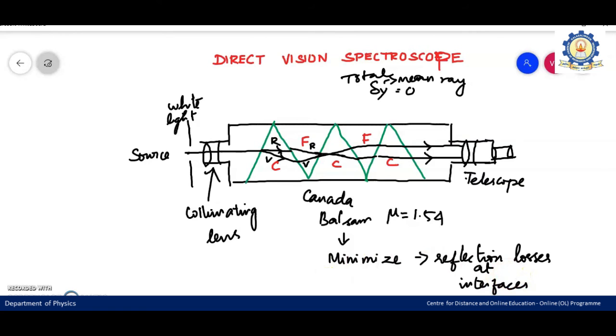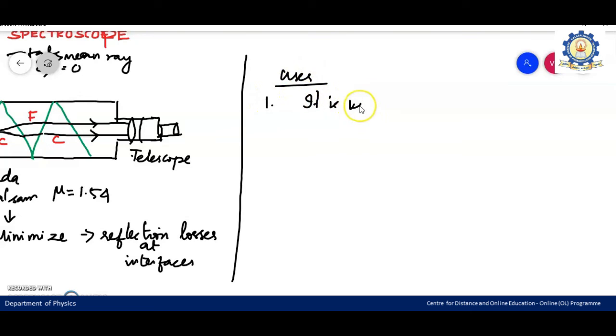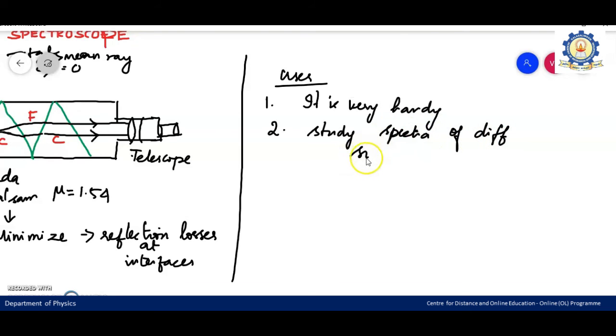Okay, let's see what are the uses of this direct vision spectroscope. It is very handy and can be carried away easily. The next use is that we can study the spectra of different sources of light, whether it is a sodium vapor lamp or a mercury vapor lamp, even iodine spectra.